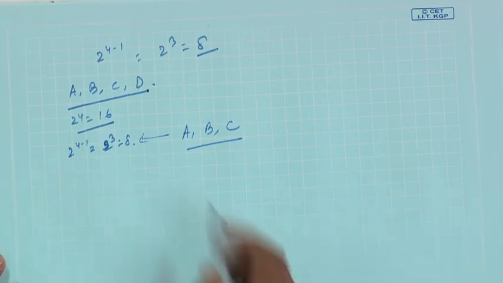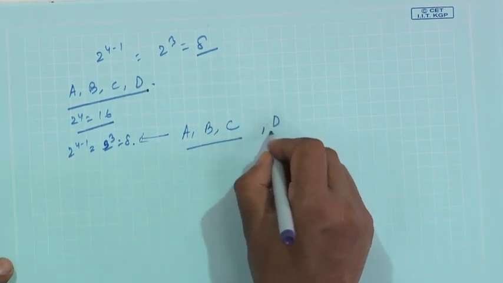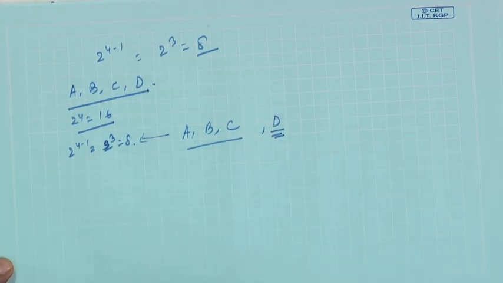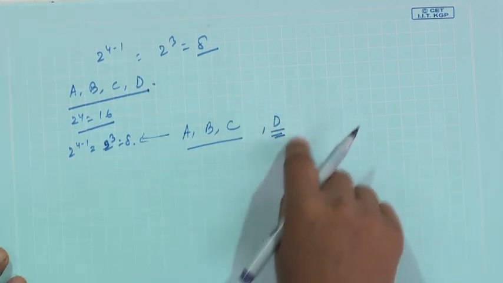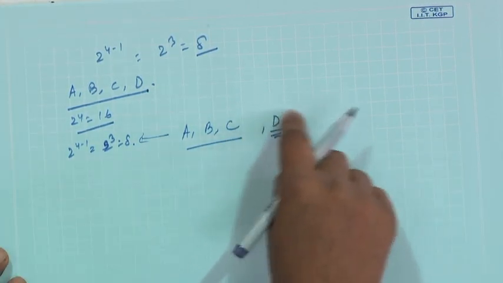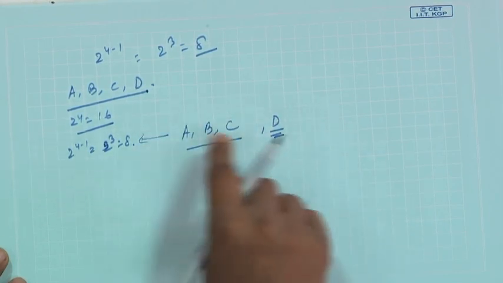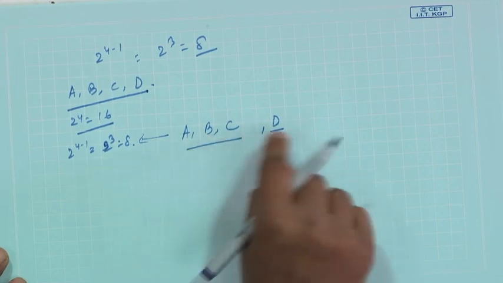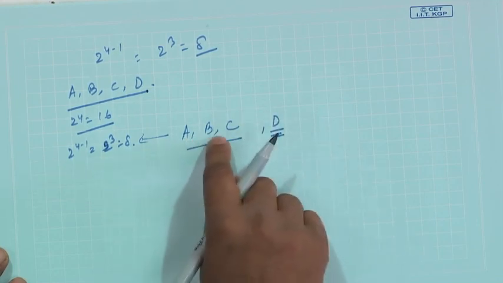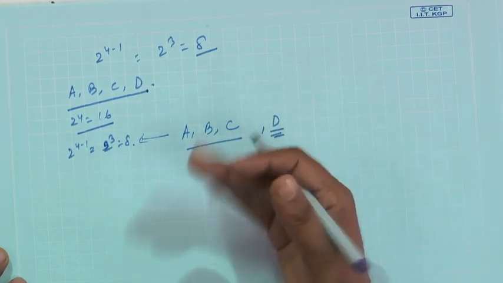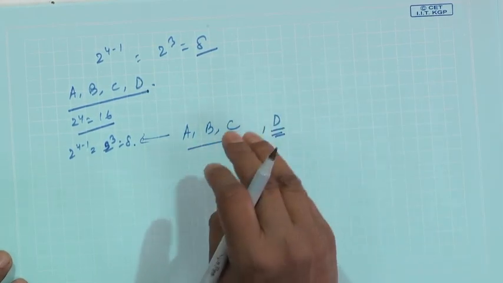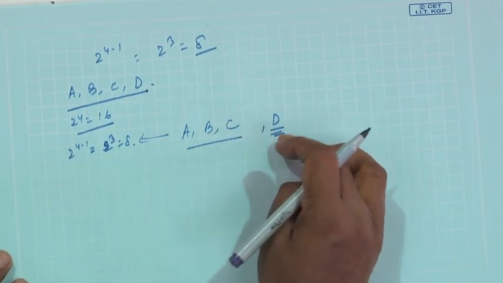Then what will happen to D? It is said that D should be confounded with the highest order interaction of ABC. It need not be, it may be with AB also, but it is suggested that the confounding should be with the highest order interaction for better results.